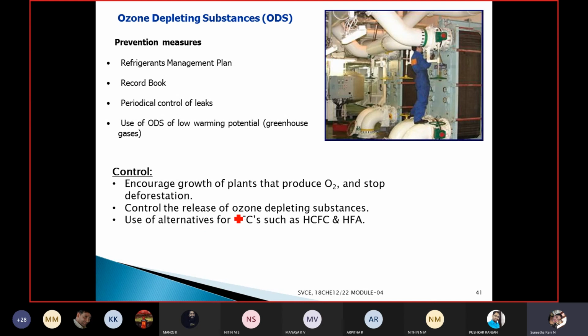Control the release of ozone depleting substances into the atmosphere and encourage the growth of plants. If more plants are grown, they produce oxygen, and stop deforestation. If you stop deforestation, we can easily protect the ozone layer in the atmosphere. This is how we can control ozone layer depletion.